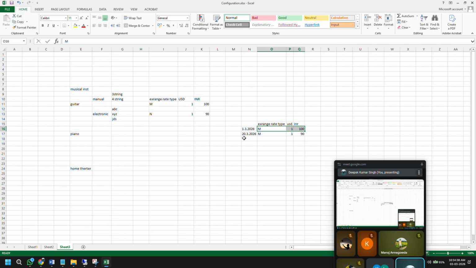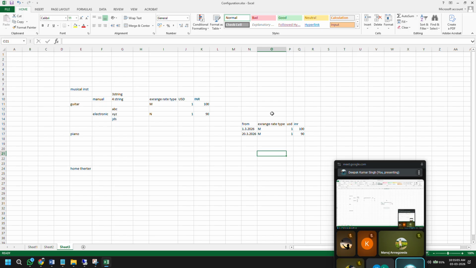Even though I have not maintained the to date, I have only maintained the from date, the system understands it. Okay, from 20 onwards we have another value, right? That means this value will only be valid till 19th of March, because from 20th it will have another value.